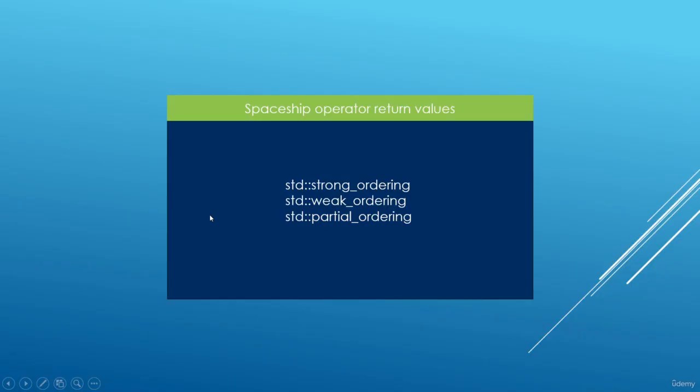Okay, so hopefully by now you can see all these three types we return from three-way comparison operators have special meanings. If you return strong ordering, you are hinting to the fact that your comparisons are going to support absolute equality.